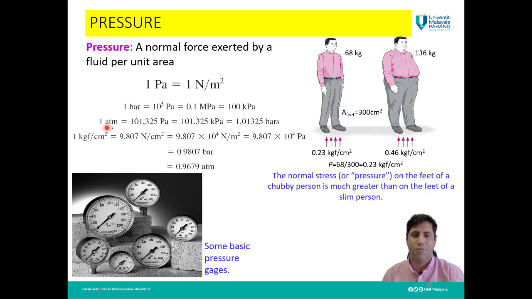They call that 1 atmosphere, which is equal to 101,325 Pascal, or simply 101 point something kilopascal. You can see the relationship between the atmosphere and Pascal. It is useful when you are going to measure the absolute pressure. Later we will see what is absolute pressure.